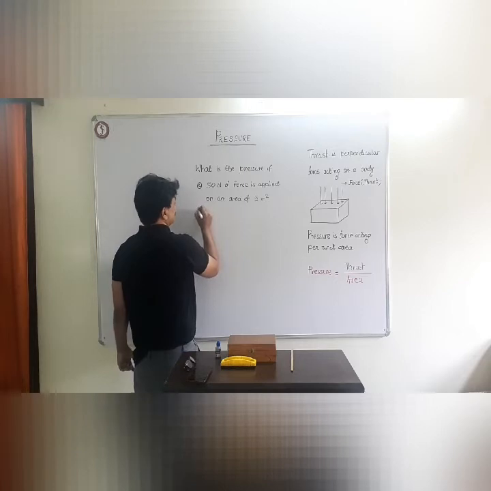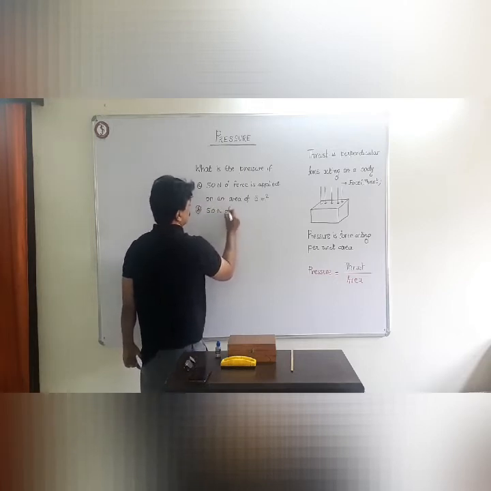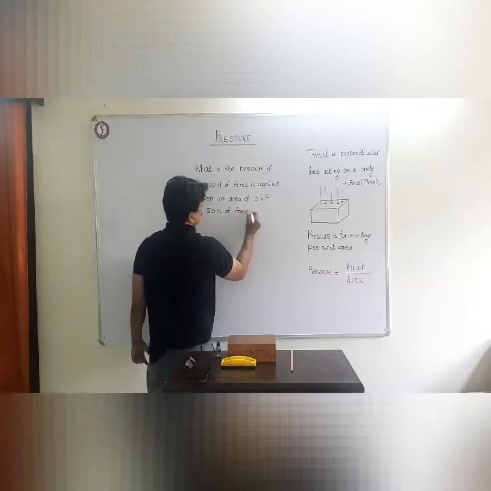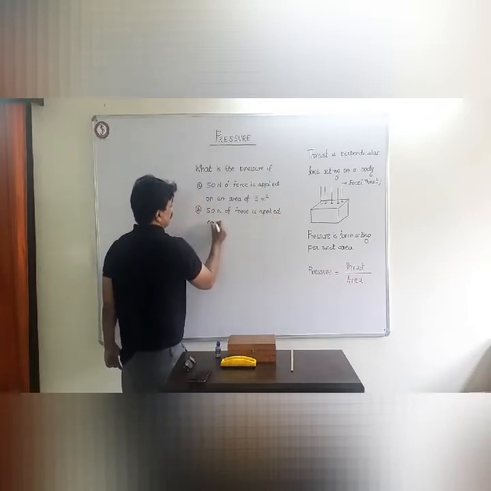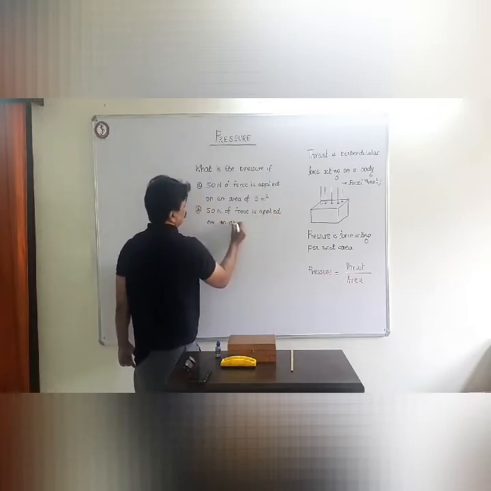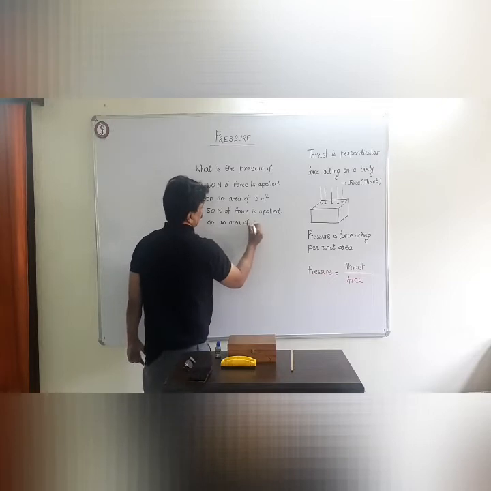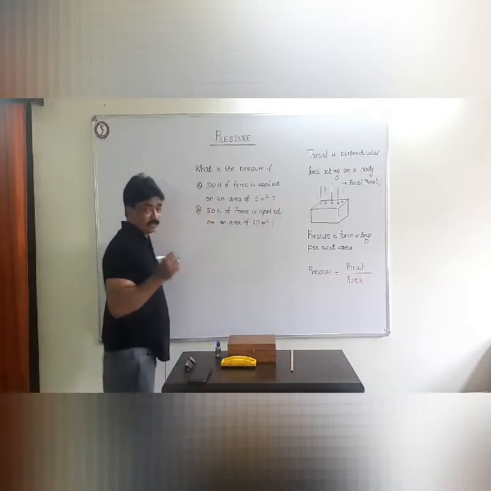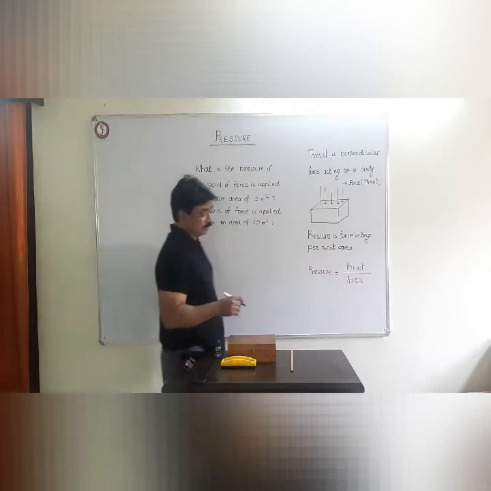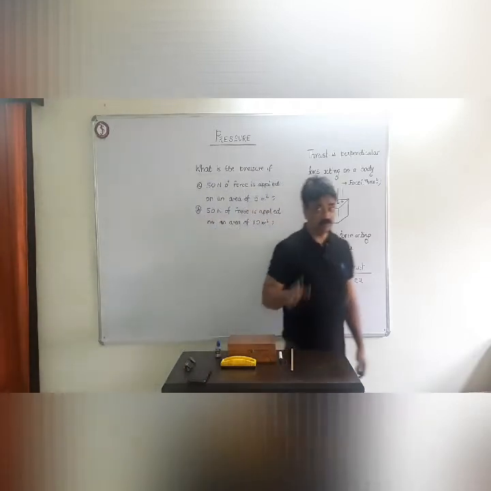B: 50 Newton of force is applied on an area of 10 meter square. So straight away we solve these numericals, because sometimes physics concepts are to be understood through numericals.